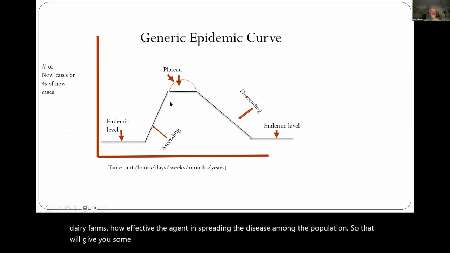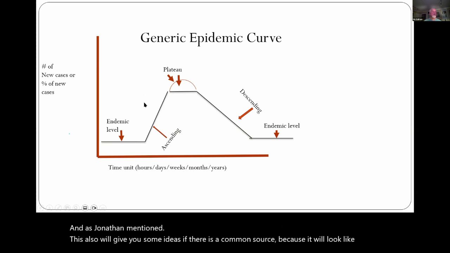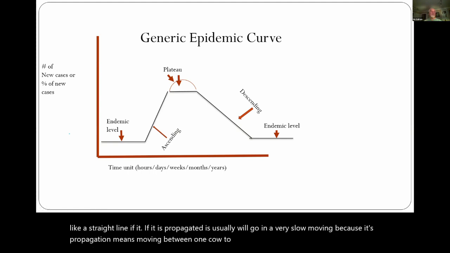And as Jonathan mentioned, this also will give you some ideas if there is a common source, because it will look almost like a straight line. If it is propagated, it will usually go very slowly, because propagation means moving from one cow to the others, etc.